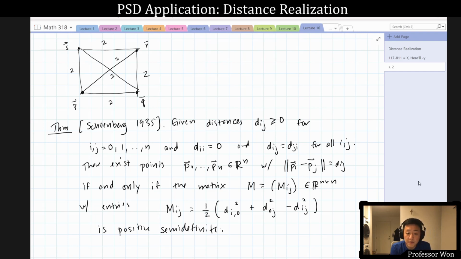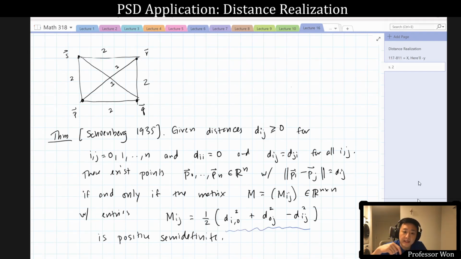Okay, so this is kind of an amazing theorem, I think. The fact that it's related to this matrix being positive semi-definite is probably not something that you would have guessed to start, right? Okay, so I'm actually realizing that the statement of this theorem is slightly wrong in the notes. This n here should actually be a k. So you should go back and fix this.